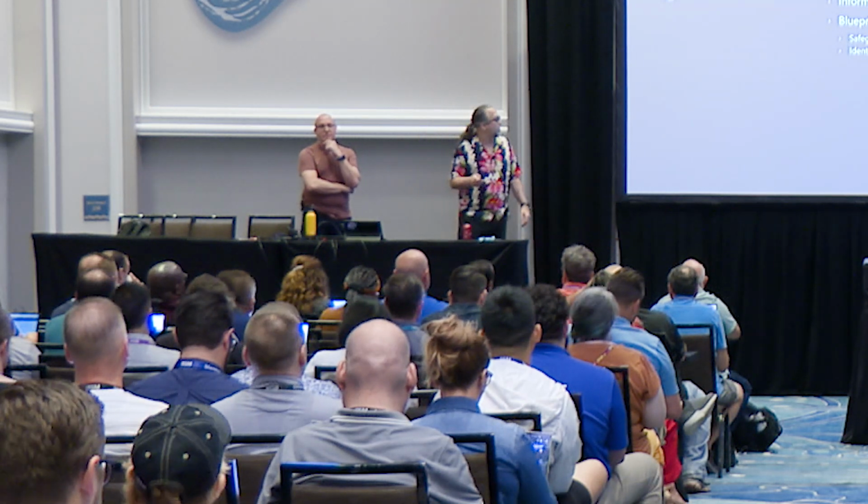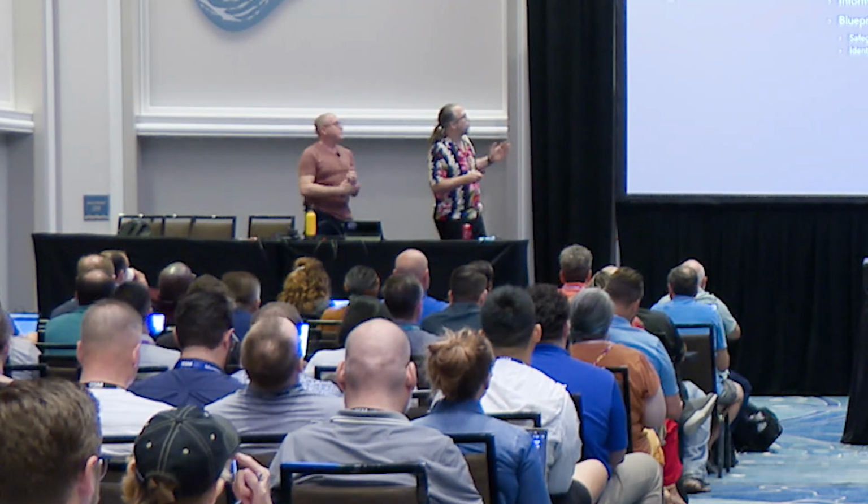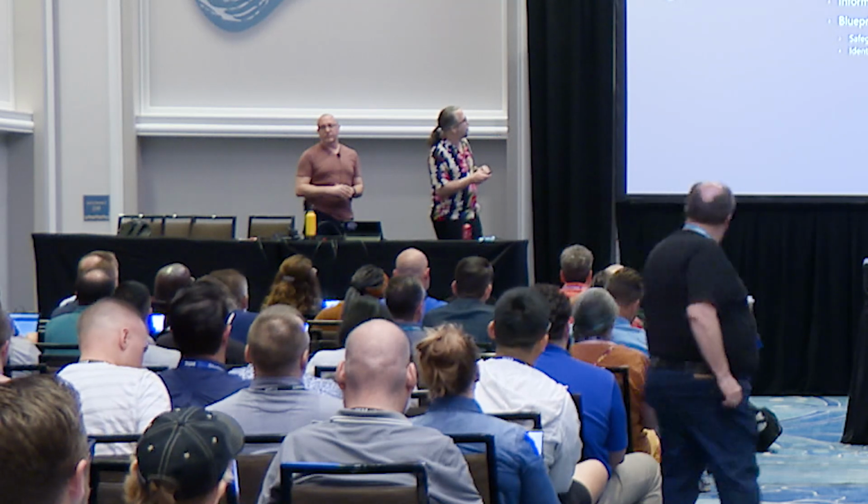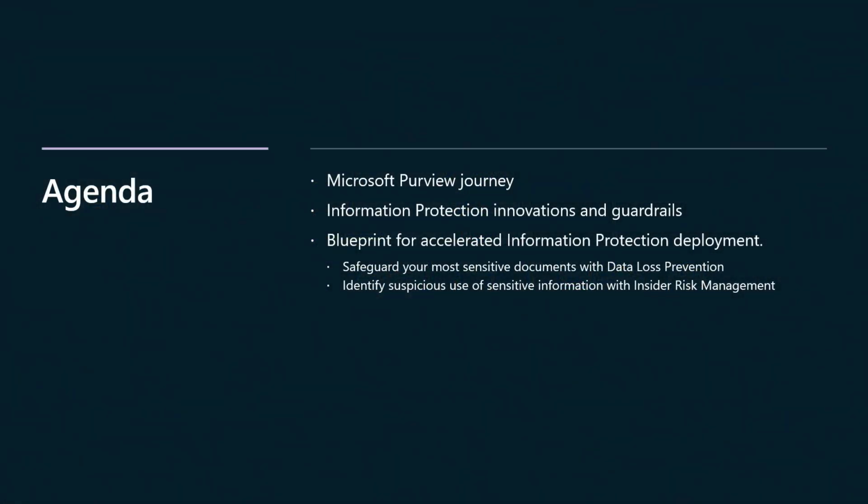How do I get in front of problems like analysis paralysis? How can I accelerate my deployments and get my data secure as we move rapidly into the age of AI and copilots? And then, of course, within that, safeguard your most sensitive documents with DLP and identify suspicious use of sensitive information with insider risk management.